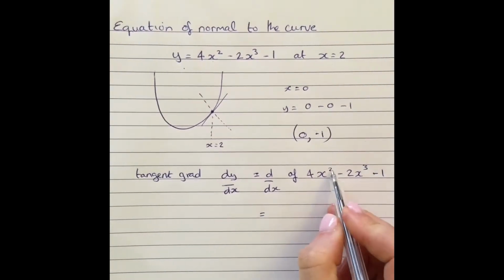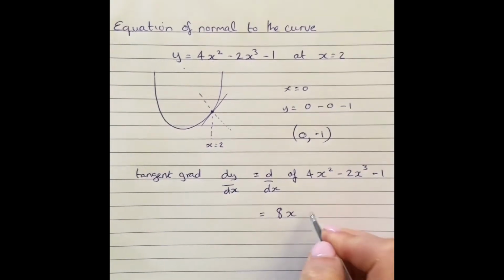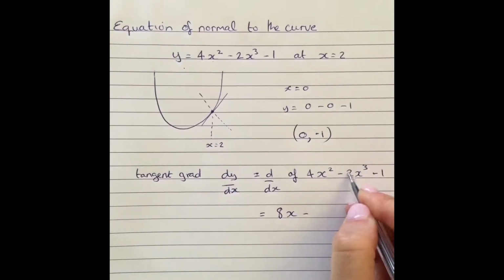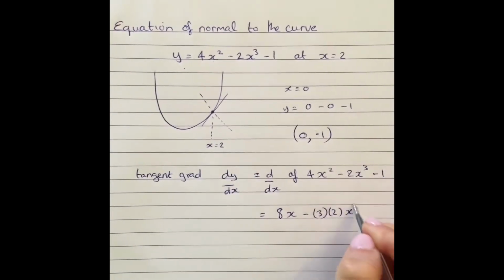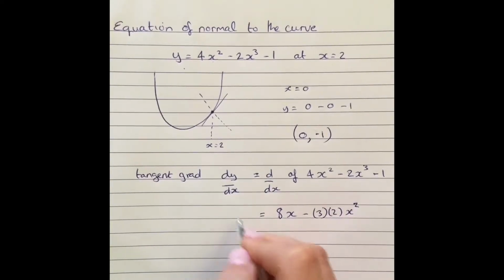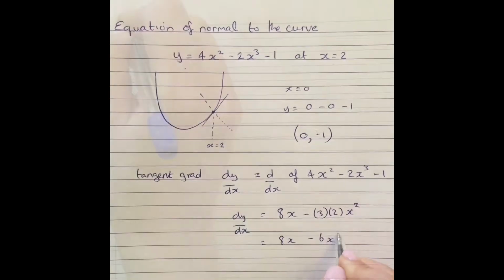which is, bring the 2 down to the 4, which makes it 8x, minus, bring the 3 down, multiply it by the 2 and change the power to a 2, and then d by dx of minus 1 is 0. So dy by dx is equal to 8x minus 6x squared.